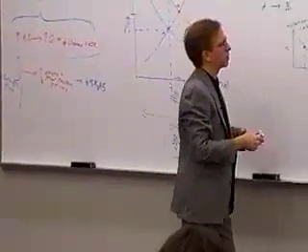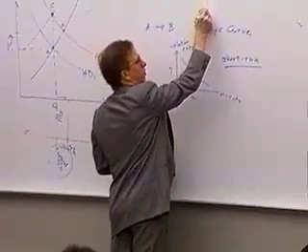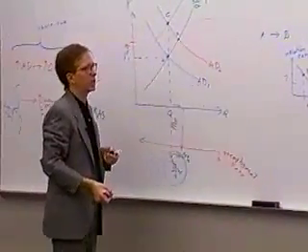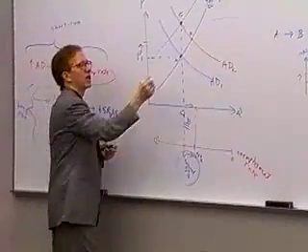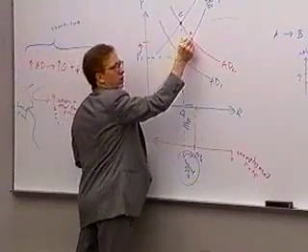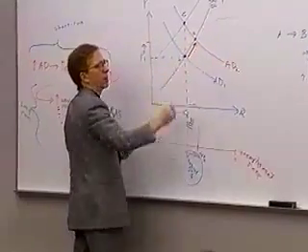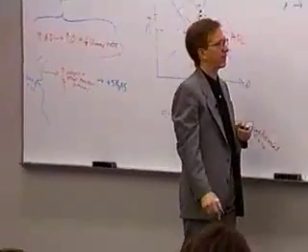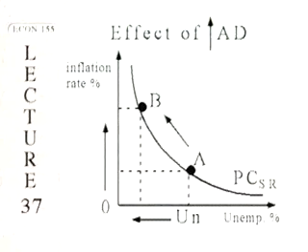A lot of times you'll hear talk about the short-run Phillips curve, because it does encompass this partial adjustment, just short run, but a partial adjustment to a shift in aggregate demand.